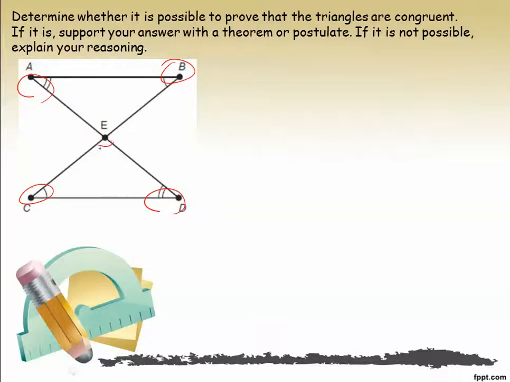We also know that this angle right here is going to be congruent because they're vertical angles. But we cannot say that the triangles are congruent, so we're going to say no, because angle does not prove congruence. These are pretty easy and straightforward.